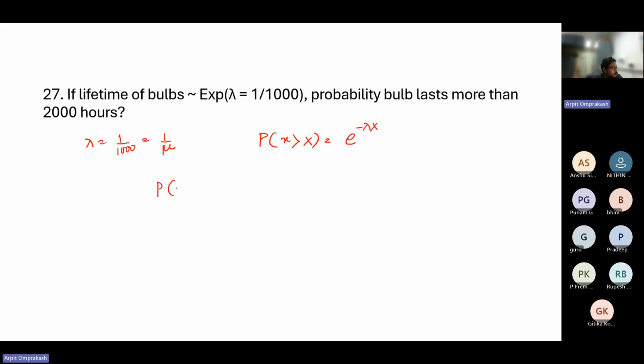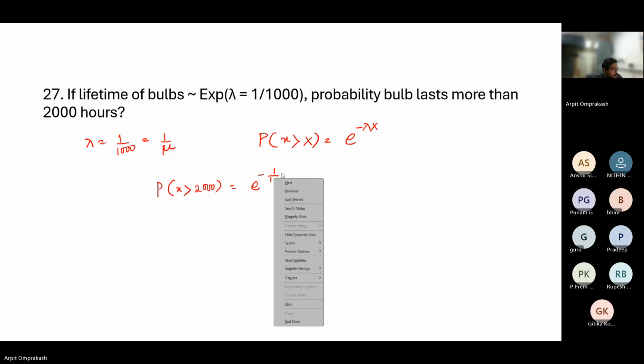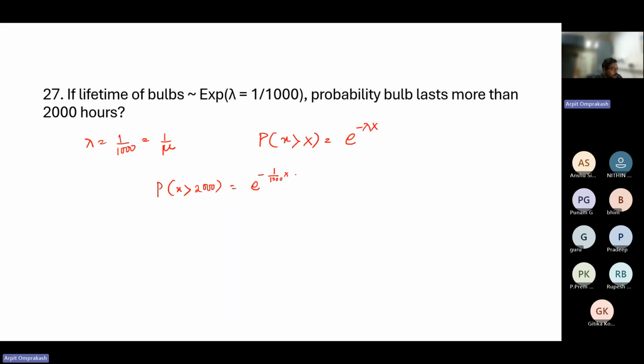So the probability that our bulb will last more than 2000 hours is e raised to minus 1 by 1000 into 2000, which is e raised to minus 2000 by 1000, or e raised to minus 2. Yes, correct. 0.1353.